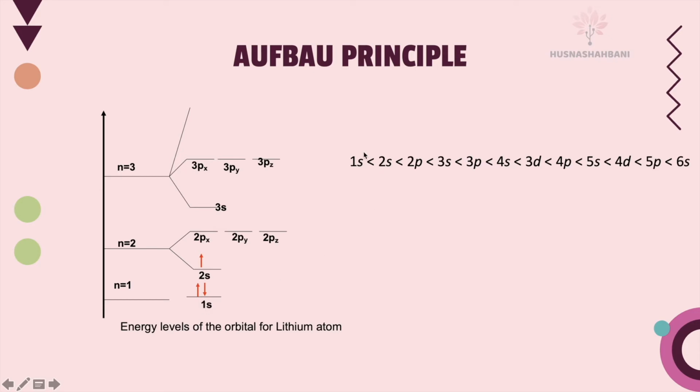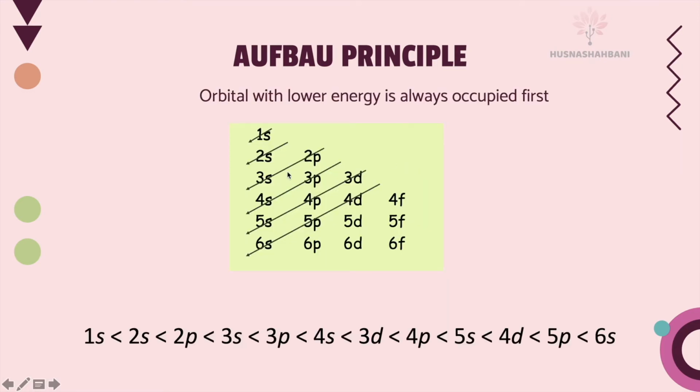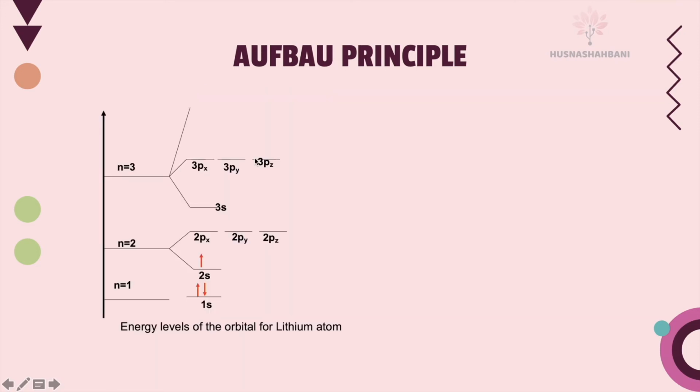And then after 1s, we have 2s orbital. And after 2s, we have 2p. If you refer to here, after 2s, follow the arrow until no value on the left, continue with the next arrow. So that's why after 2s, 2p. Means 2p has higher energy than 2s.